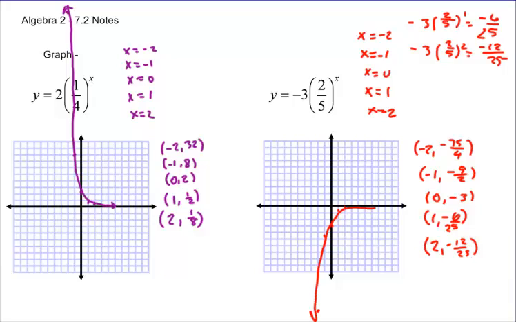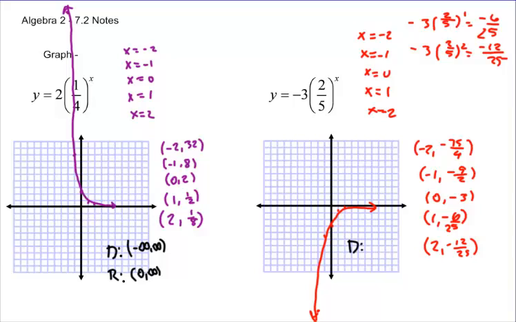So since that guy's negative to start with, he's going to be upside down. He's going to come from the bottom side of the graph. So the domain on this guy goes from -infinity to +infinity because that's where you start and stop. The range is going to go from 0 to infinity because everything's above the x-axis.